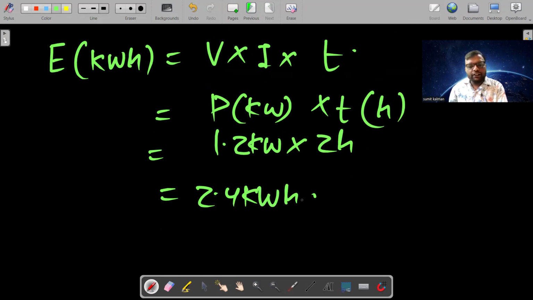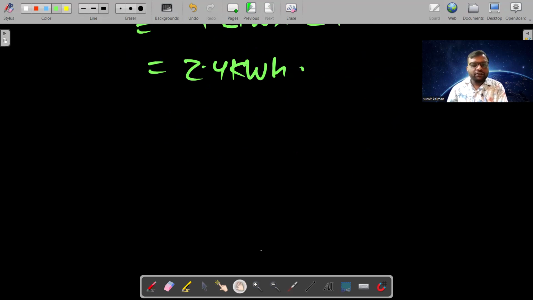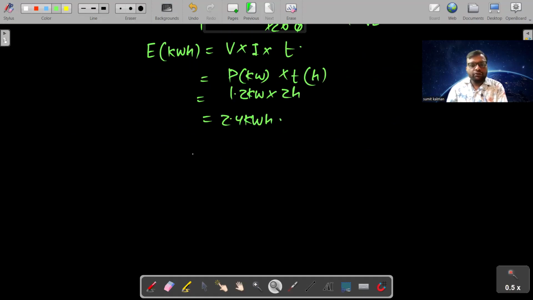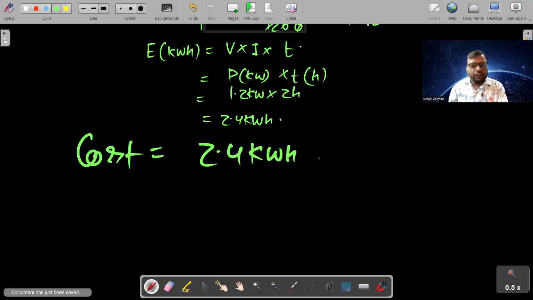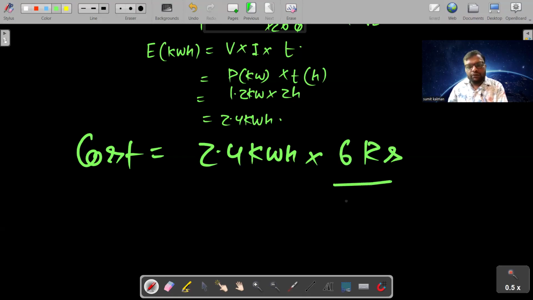Now, students, we have to calculate cost. So for cost, what will we do here? Cost is given as 6 rupees per unit, means 6 rupees per kilowatt hour. So here 2.4 kilowatt hour into 6 rupees per kilowatt hour into, for 30 days we have to calculate.